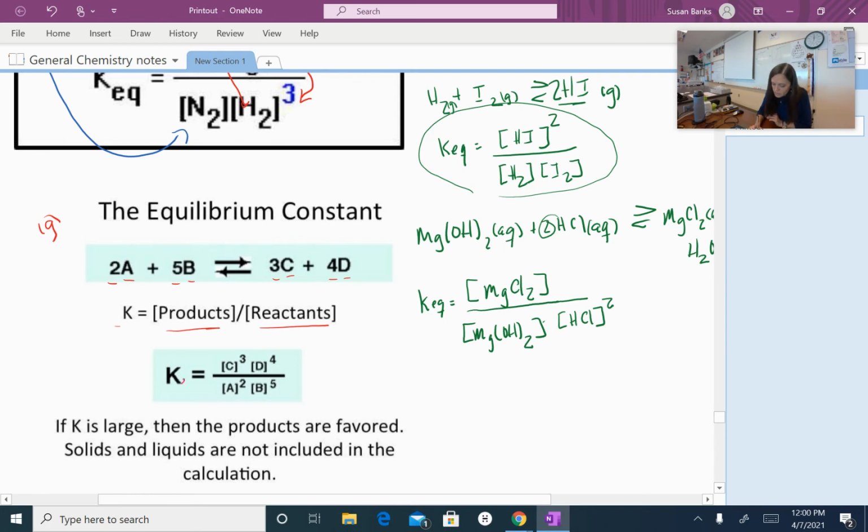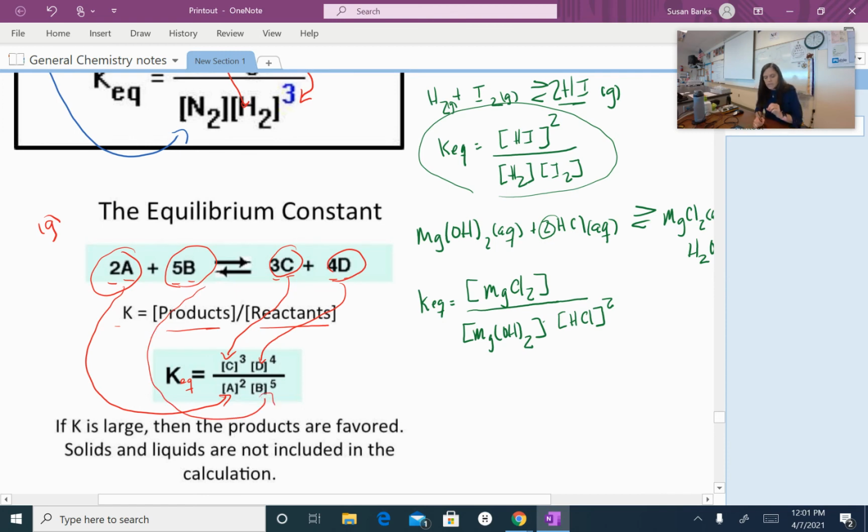So our equilibrium expression here, our KEQ, would have C concentration raised to the third, D concentration raised to the fourth, and then our reactants on the bottom. We would have A, that concentration squared because of that coefficient of 2, and we would have B right here raised to the exponent of 5 because of the coefficient of 5.